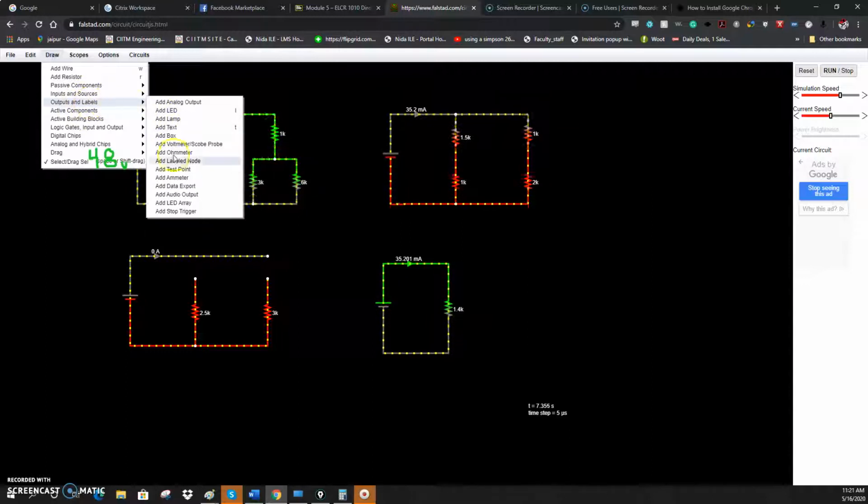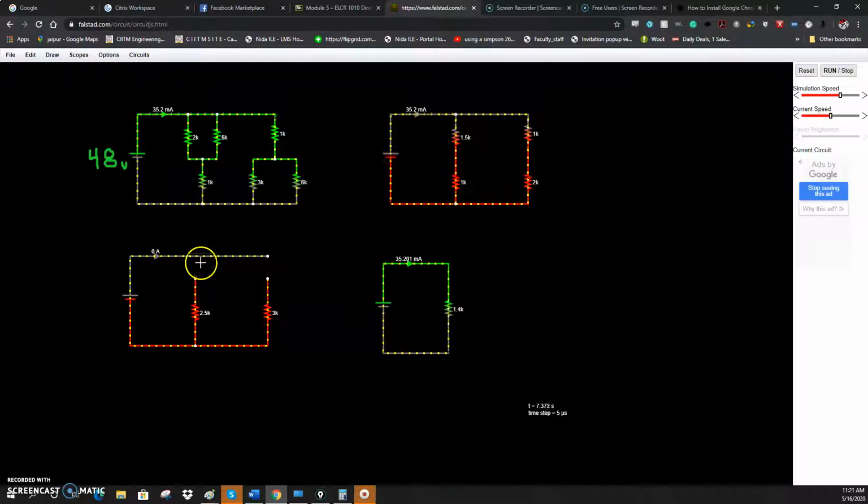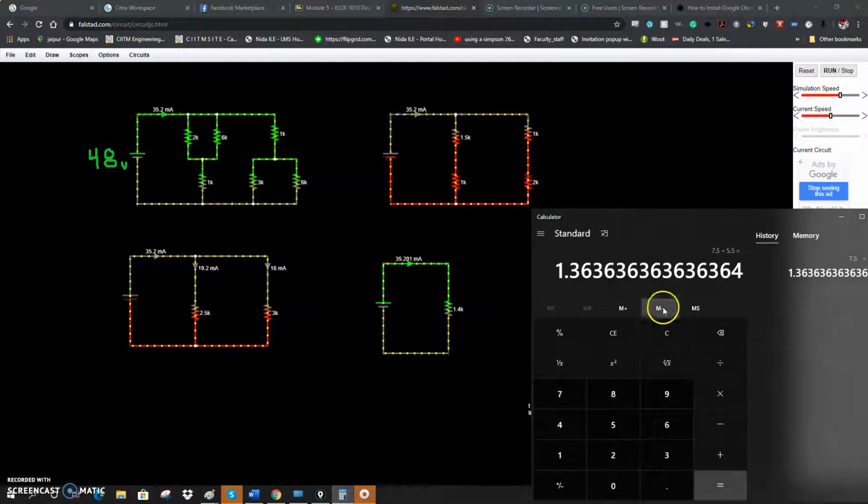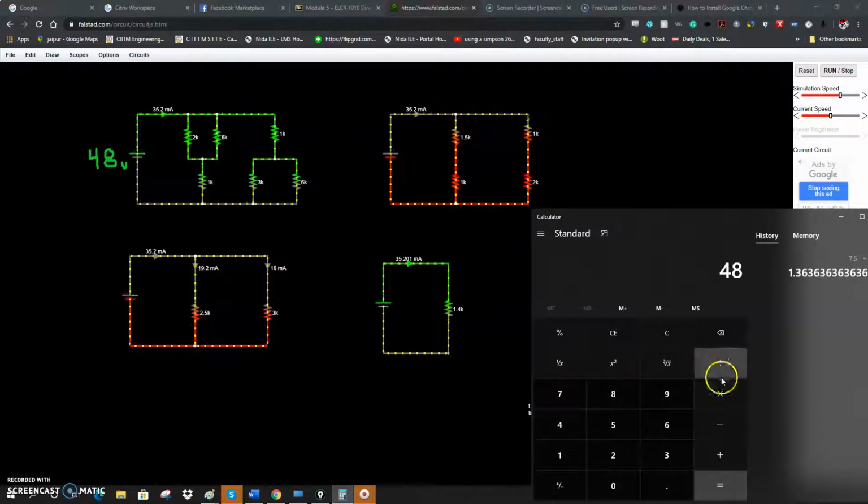I'm going to add an ammeter here, and I'm going to add one here, and we're back to our 35.2, and we can see 19.2 and 16 here. Well, we know this is 48 volts. I didn't rewrite it at each source, but we can say 48 divided by 2.5K.